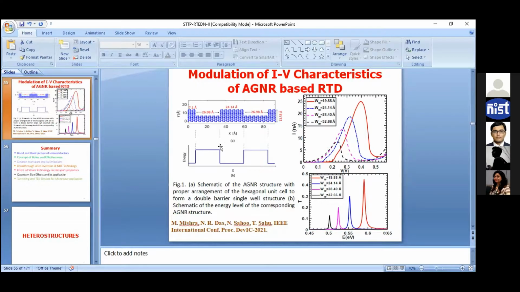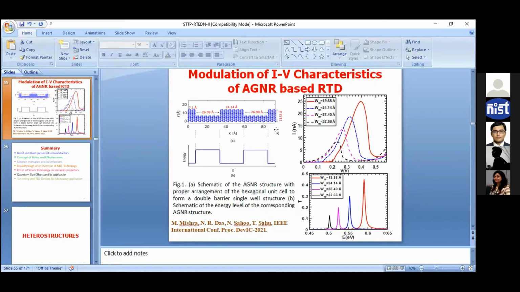So it depends upon how you tune it. Depending upon the tunability of graphene, in general applications we make it type 1, because for transport property, if it is type 1, then we'll get good transport property.